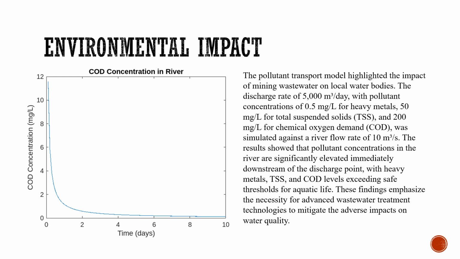The results show that the pollutant concentrations in the river are significantly elevated immediately downstream of the discharge point, with heavy metals, TSS, and COD levels exceeding safe thresholds for aquatic life. These findings emphasize the necessity for advanced wastewater treatment technologies to mitigate the adverse impacts on water quality.